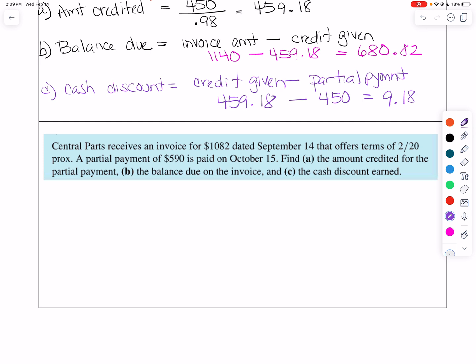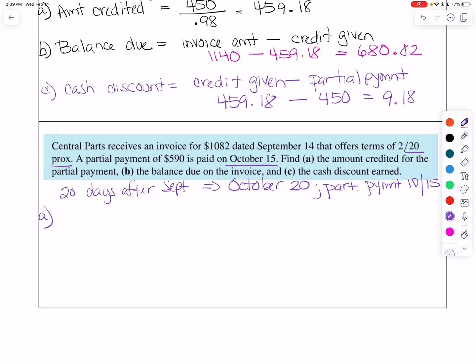Okay, the next one, we've got 20 days at the end of the month that it was dated. So 20 days after September, because that's the invoice date, which would mean October 20th. Well, a partial payment was paid on October 15th.